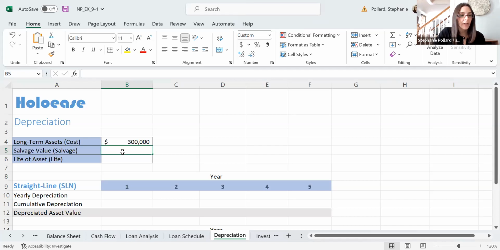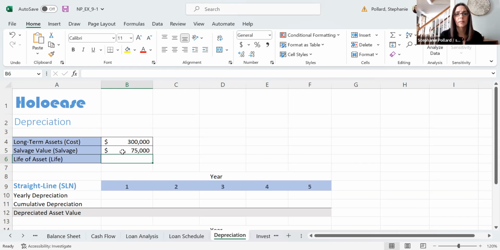Your salvage value is how much the item would be worth at the end of its lifetime. Think of it like maybe you're going to sell it for parts or scrap. You've used the item as long as really viable for your company. What can you now sell it for at the end of its usable life?